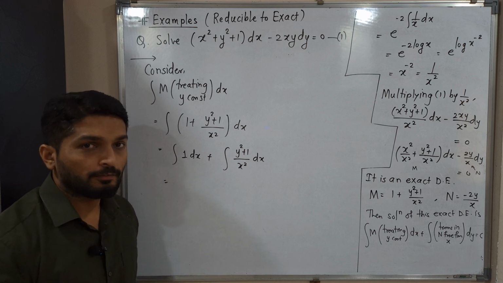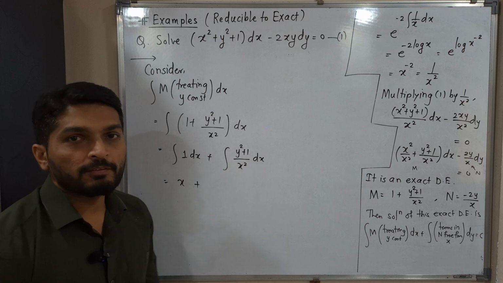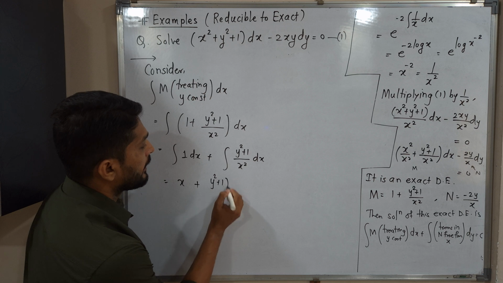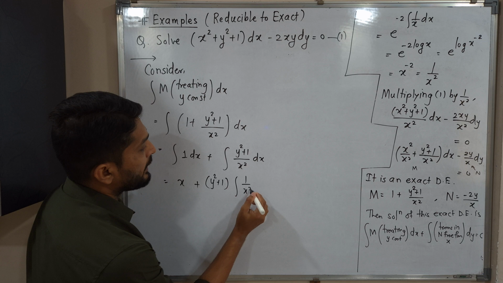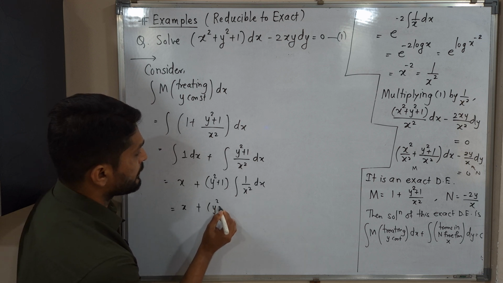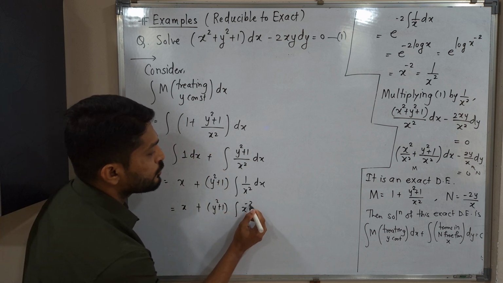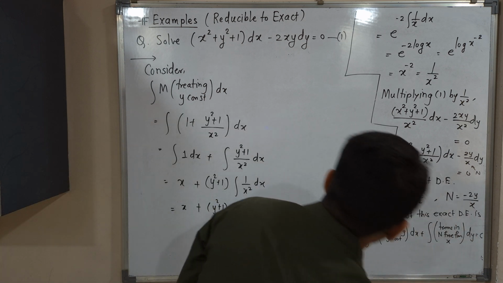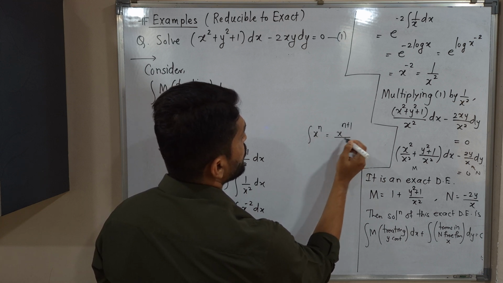Integration of 1 dx, that means integration of dx, which is x. Here whatever the constants, we take them outside. So the constant is y square plus 1. The entire bracket is constant since y is constant, as we have already mentioned. So inside the integration, we have 1 by x square dx. So this is equal to x plus y square plus 1. I will shift this term to the numerator, it means x raised to minus 2 dx. This formula is applicable: integration of x raised to n is x raised to n plus 1 upon n plus 1.